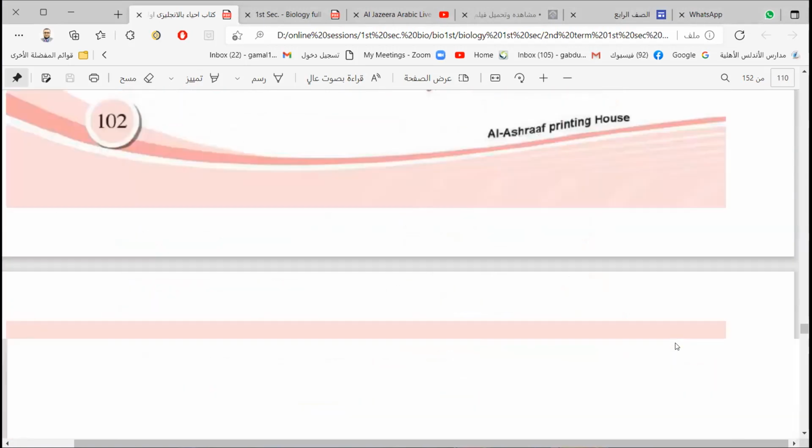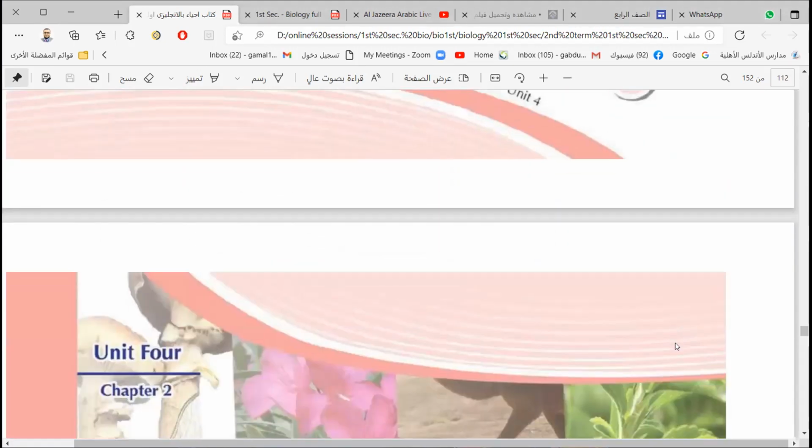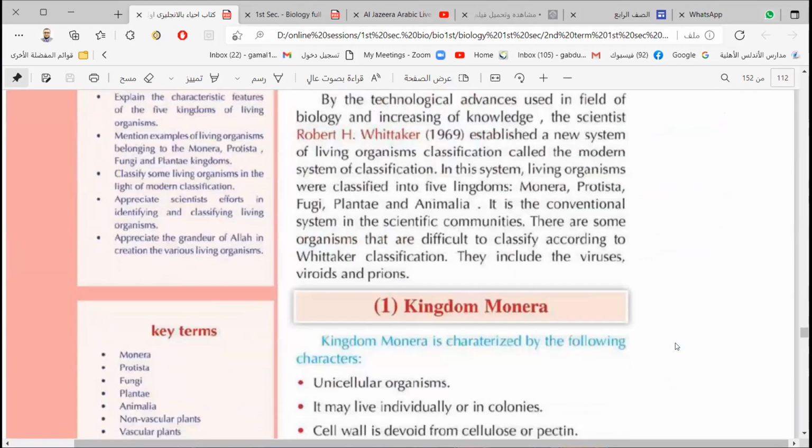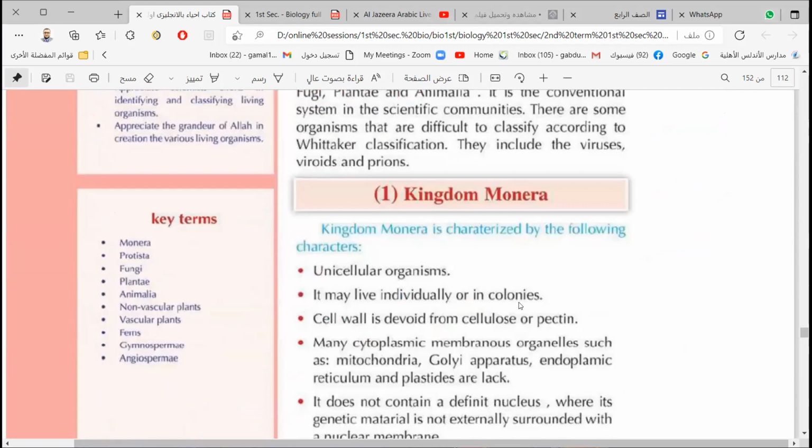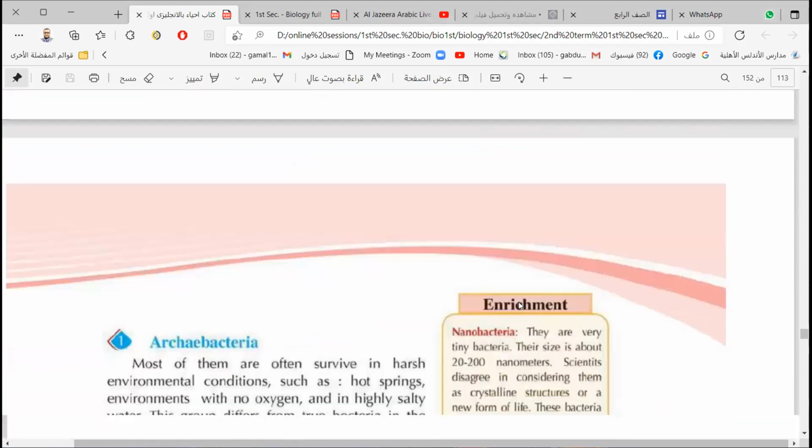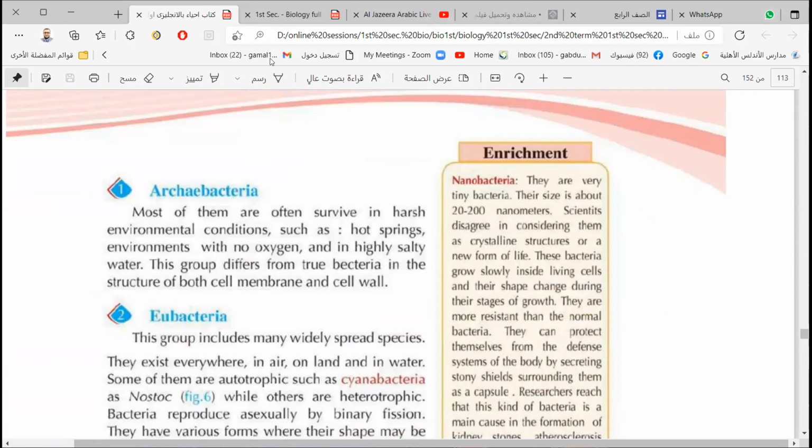In Monera kingdom, we have 2 types of bacteria: the archaeobacteria, or the old bacteria, and the eubacteria, the real bacteria, the new bacteria.